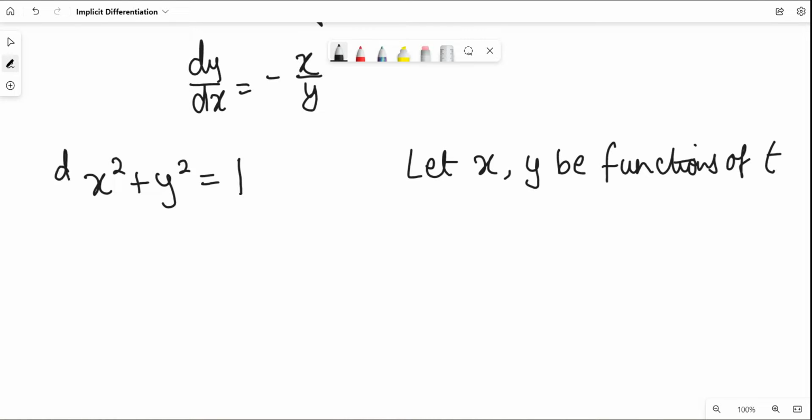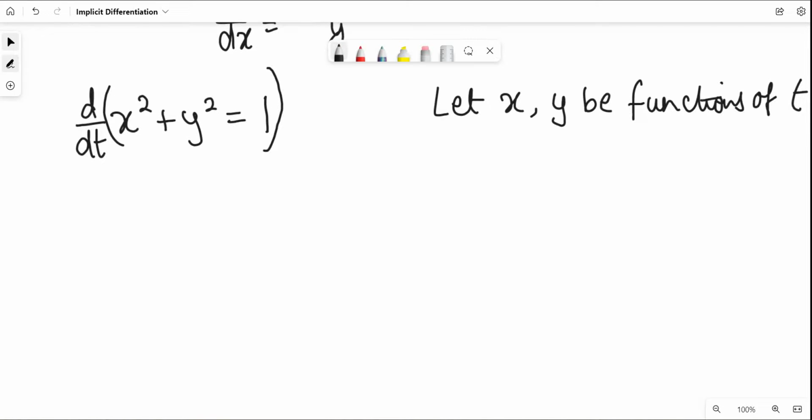So let's differentiate this whole equation with respect to t. And remember, d by dt just means differentiating with respect to t, as opposed to d by dx, which is differentiating with respect to x. We should get 2x, but remember we have to multiply by the derivative of the inside because this t is not x.